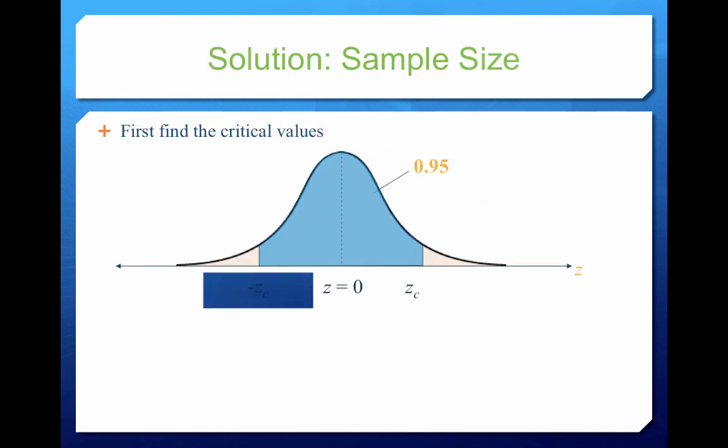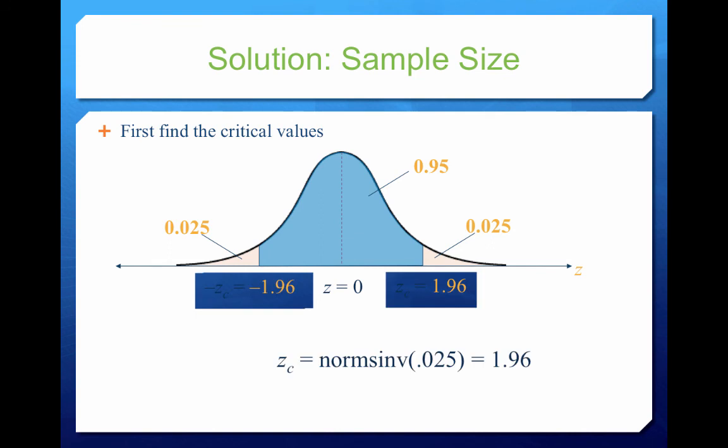Okay, well, we need our critical Z. Critical Z, again, is found by using norm S inv of 1 minus the confidence level divided by 2, as we can see from the graph.